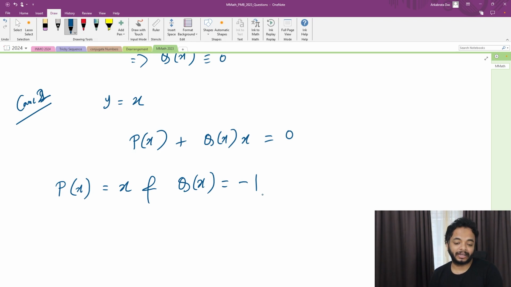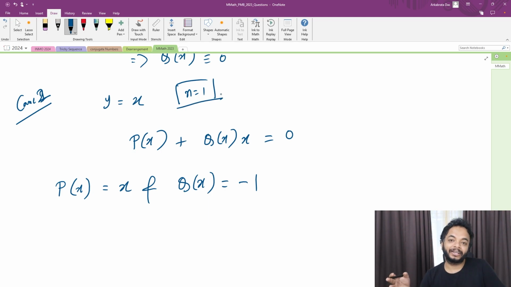Then you see that p(x), q(x) satisfy the conditions, and we are getting that this sum is 0. So when n equals 1, it satisfies the solution, but try to notice that it's an if and only if condition, so we have just shown one way.